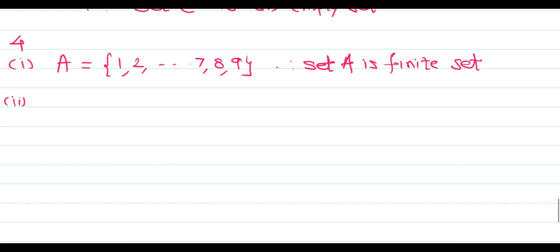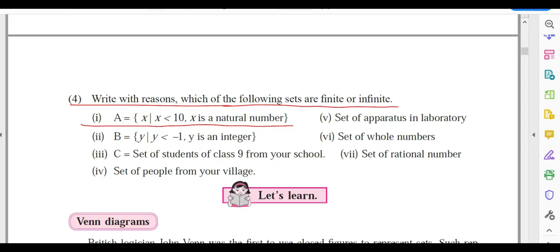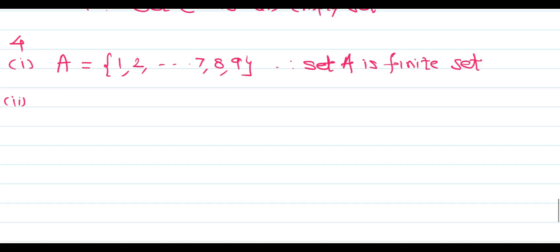Second, B is equal to, in curly brackets, y such that y is less than -1 and y is an integer. Now the set of integers contains 0, 1, 2, 3 up to infinity, and -1, -2, -3 up to infinity.